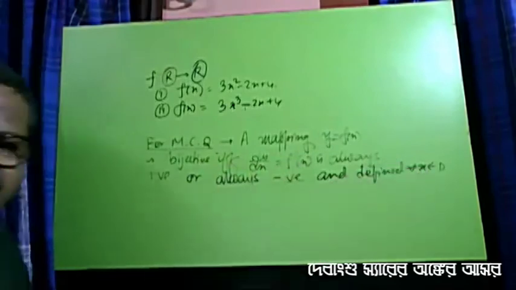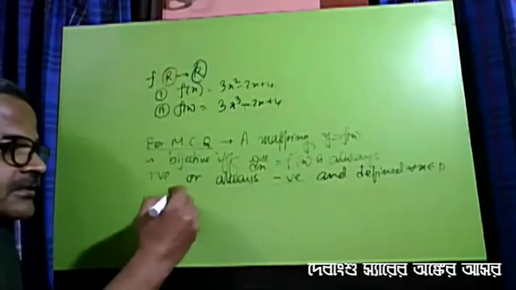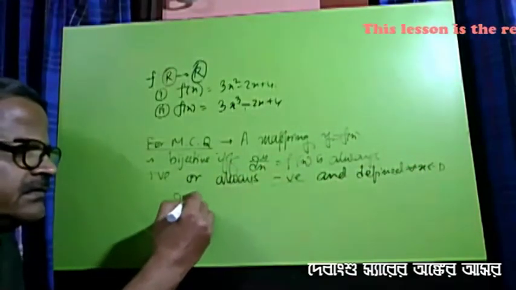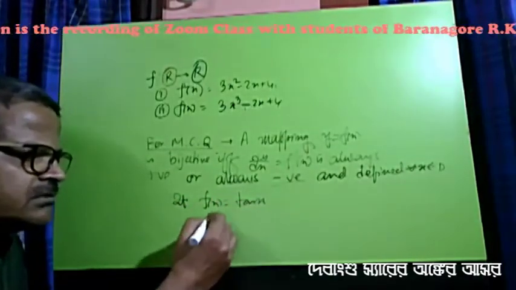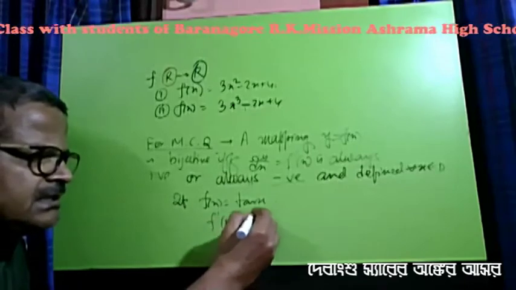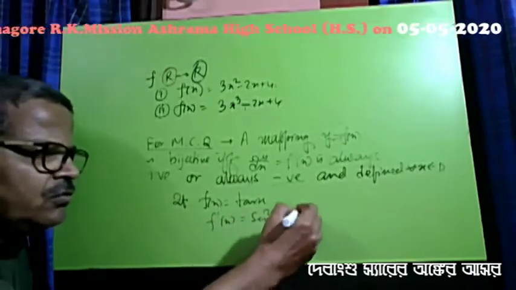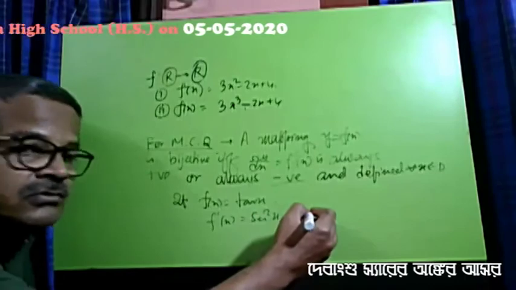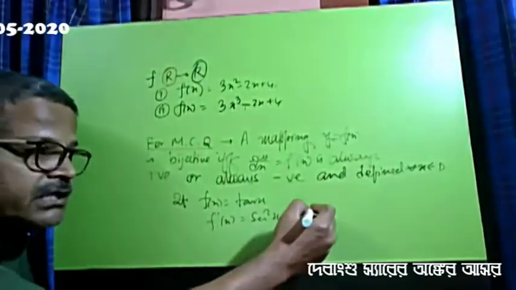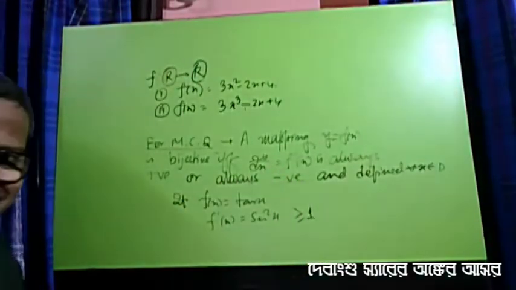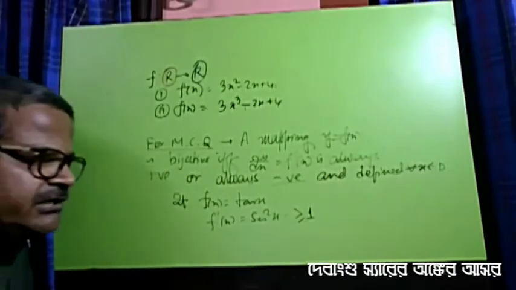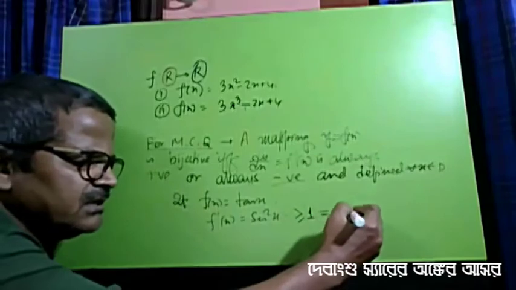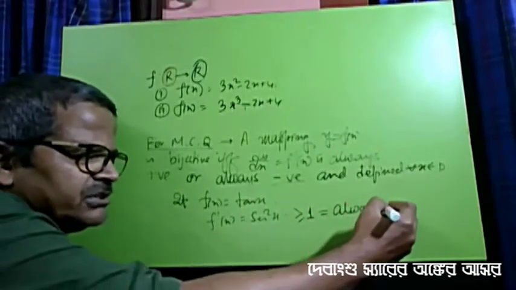Now see, I added an extra condition here. Why is this added? Because if we consider f(x) is equal to tan x, now see f prime x is sec square x, which is greater than or equal to 1. Sec square x cannot even be 0. Implies always positive.